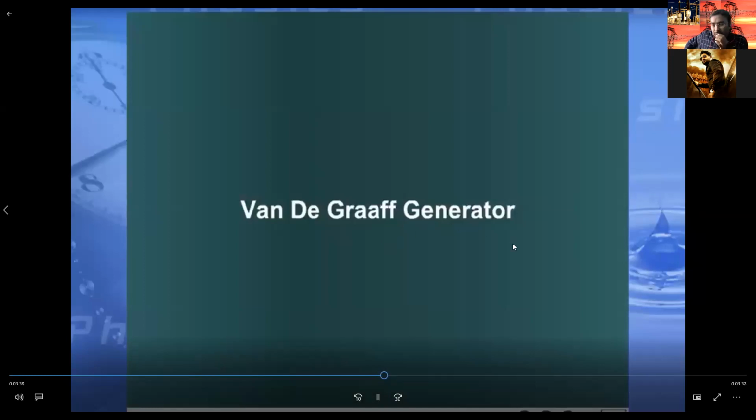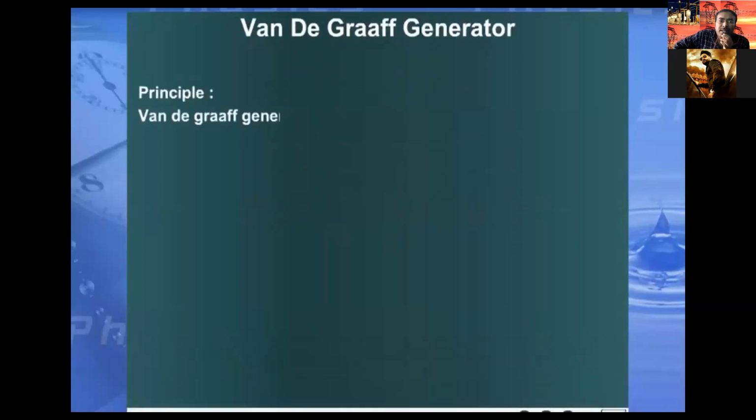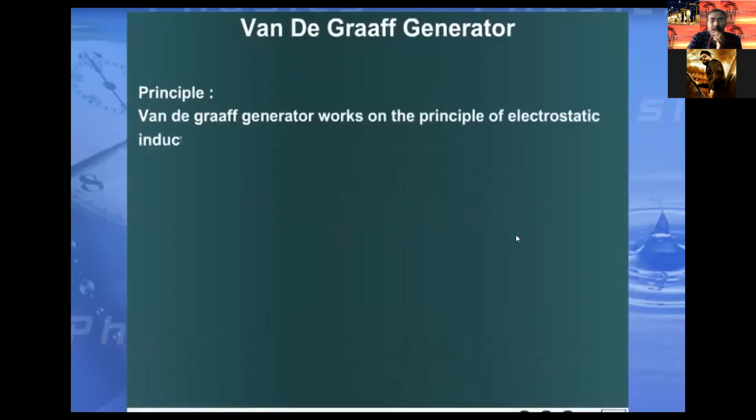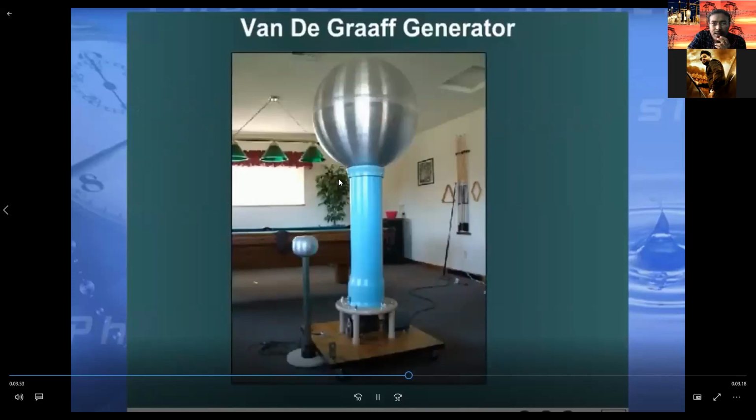Van de Graaff generator. The Van de Graaff generator works on the principle of electrostatic induction and action of points. This animation describes the parts of the Van de Graaff generator and its working principle.